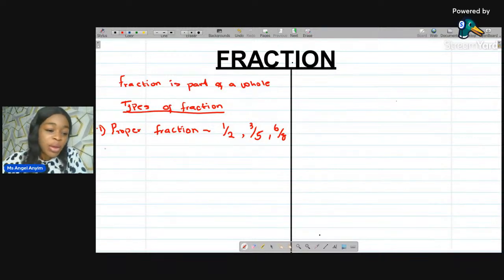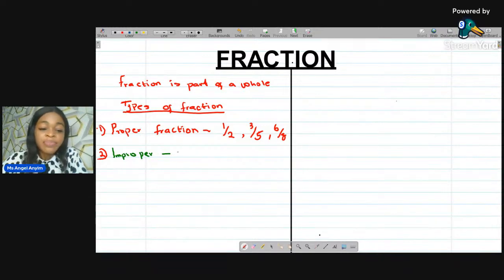Then we can have another one we call improper fraction. Like I said before, I'm using even the simplest language to explain it.